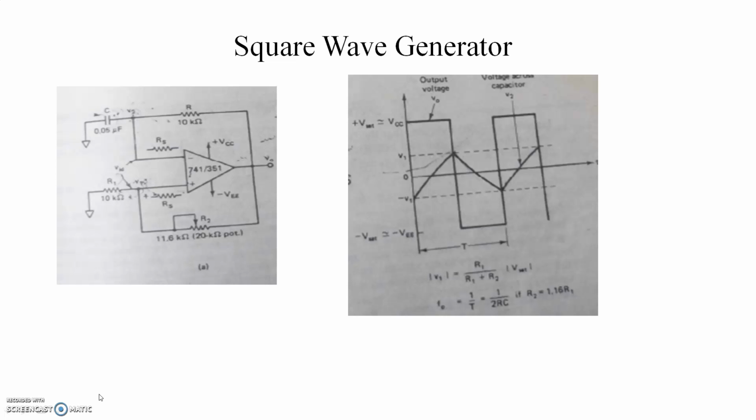When the output voltage of the op-amp is at plus Vsat, the capacitor C starts charging towards plus Vsat through resistor R. The capacitor is connected in the feedback to the inverting input terminal.